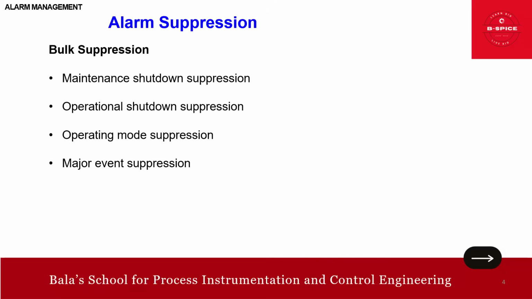Then major event suppression. Typically, the greatest alarm load is after a process upset, isn't it? Which is also very stressful for the operator and potentially hazardous. Many of the alarms occurring after a major upset will relate to events that are expected to happen.